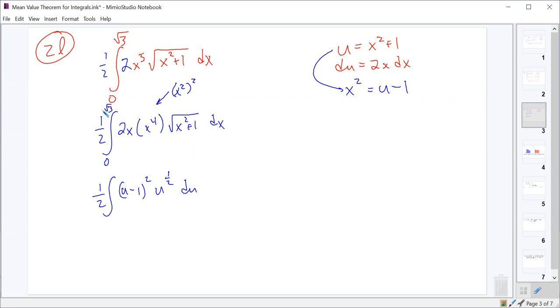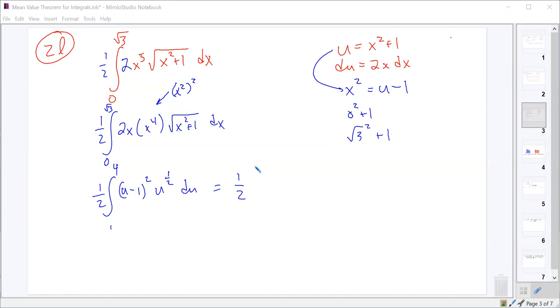And our 0 to √3 will need to change. So 0 squared plus 1 gives us a new lower limit of 1. And √3 squared plus 1 gives us a new upper limit of 4. Everybody good with that? Yeah. Okay.